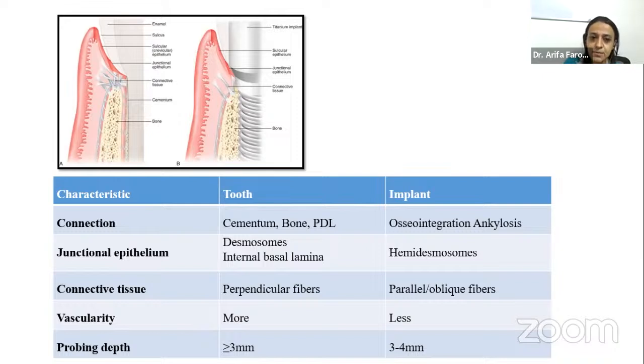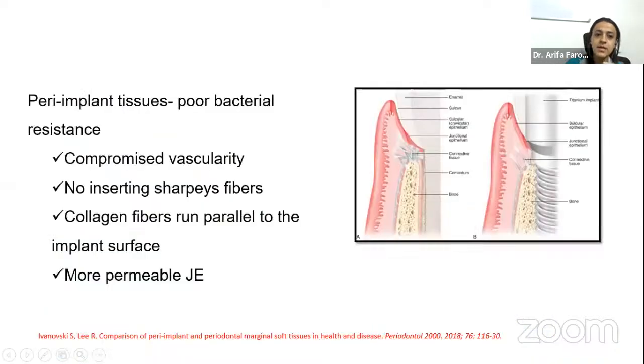Second, these collagen fibers run parallel to the long axis of the implant surface, whereas in the natural tooth, these collagen fibers, which we call Sharpey's fibers, run perpendicular to the long axis of the tooth surface.